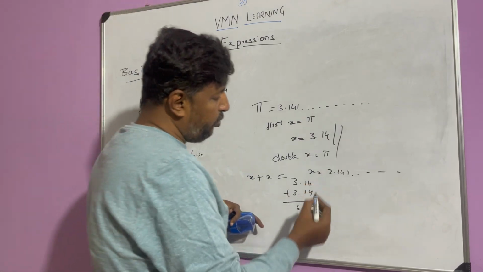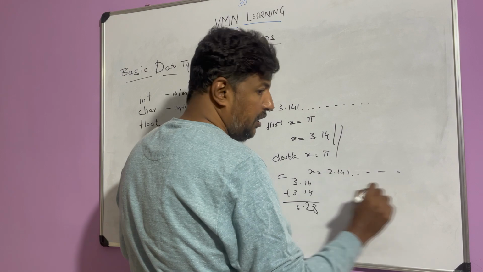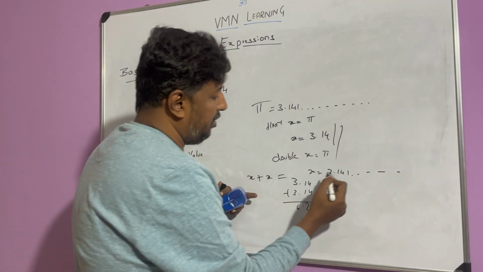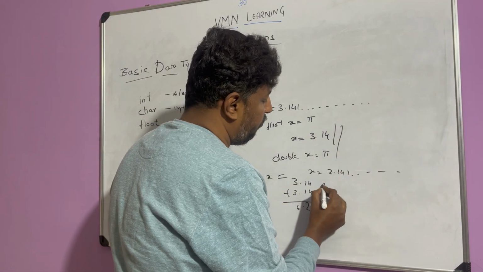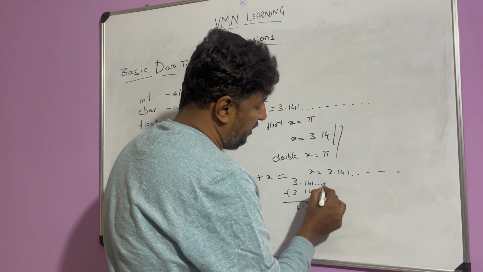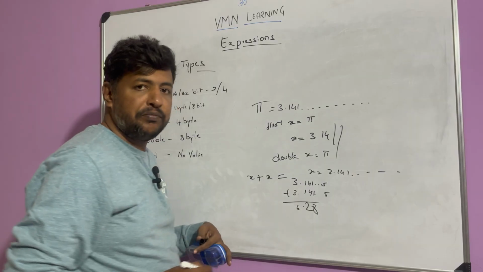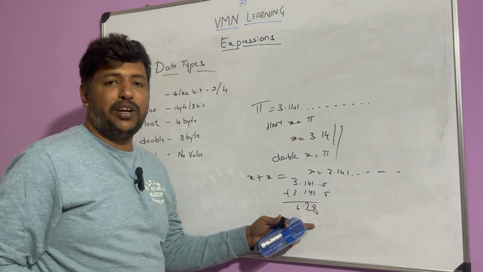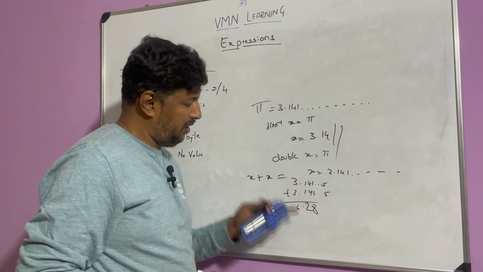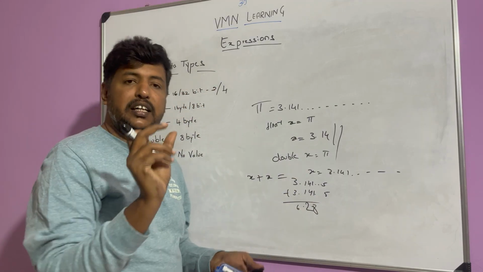But similarly, if I do this, there might be a chance somewhere it becomes off, right? The decimal will carry forward. This is not an accurate value. The precision is less, so a little difference will be there.